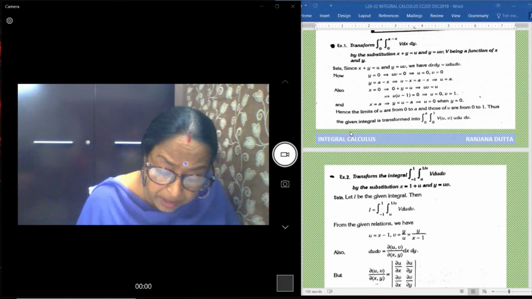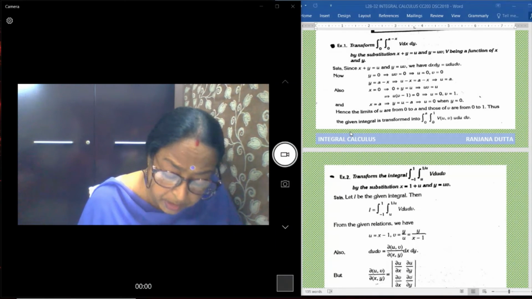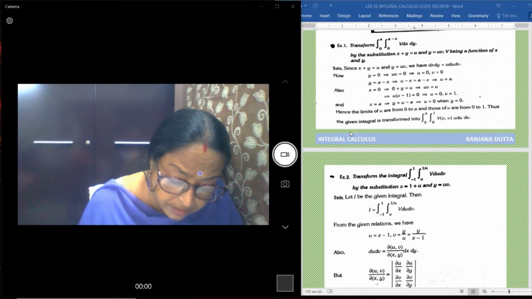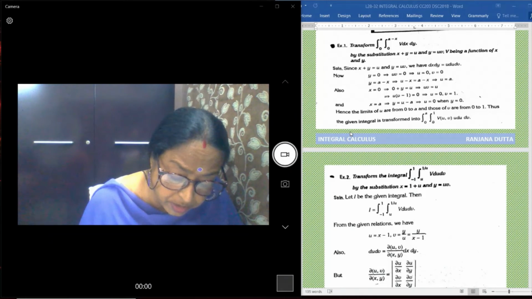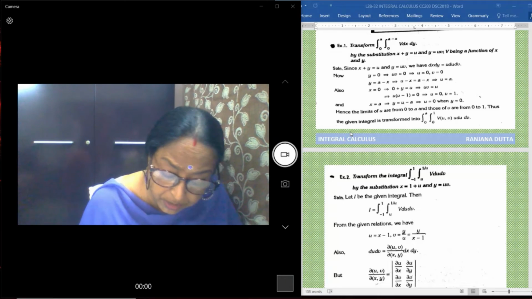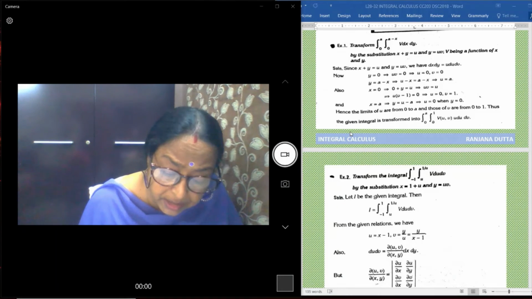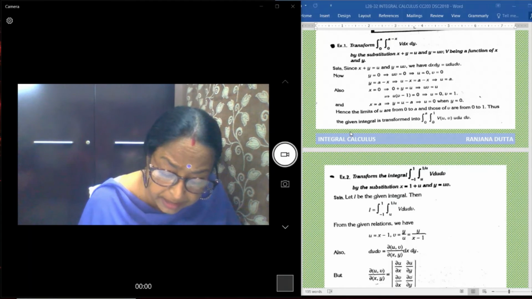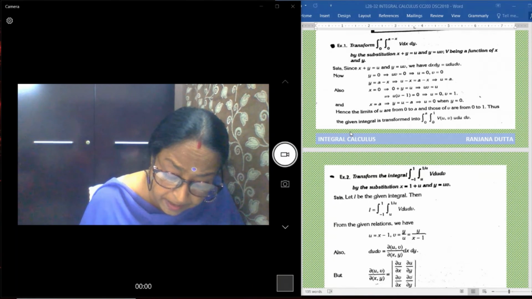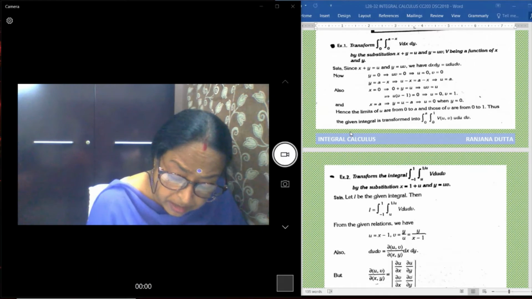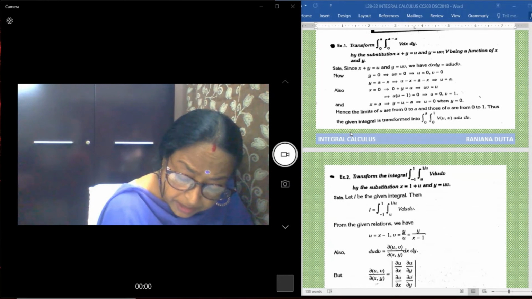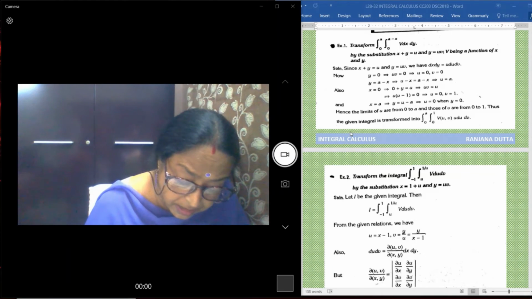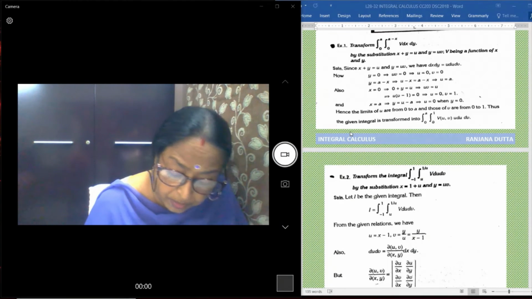Now when y is equal to 0, that means y equal to uv is equal to 0. This gives us u equal to 0 or v equal to 0. When y is equal to a minus x, then u minus x is equal to a minus x, which gives us u is equal to a.